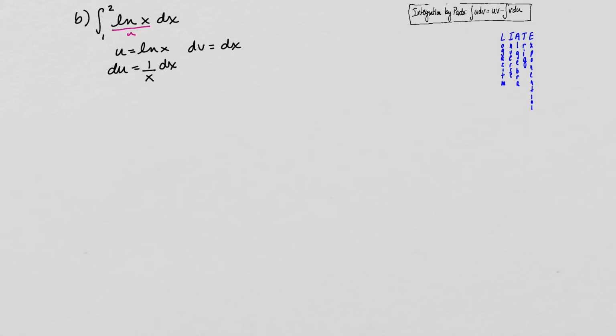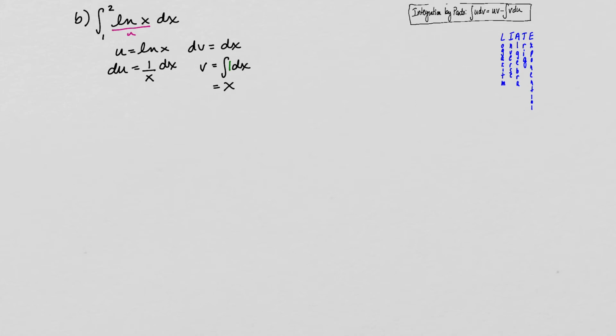And from the dv, we're going to want to integrate, so v is going to be the integral of dx. You might go, ugh, that's kind of weird. But if you just have the integral of dx, it's like you have a 1 here. So what's the integral of 1 dx? Yeah, x. So this just ends up being x.